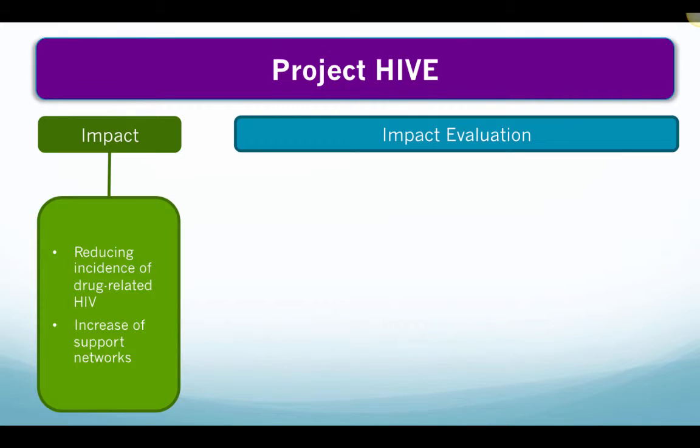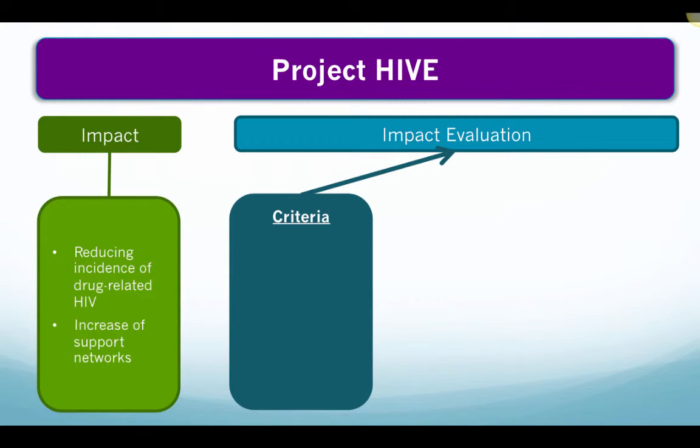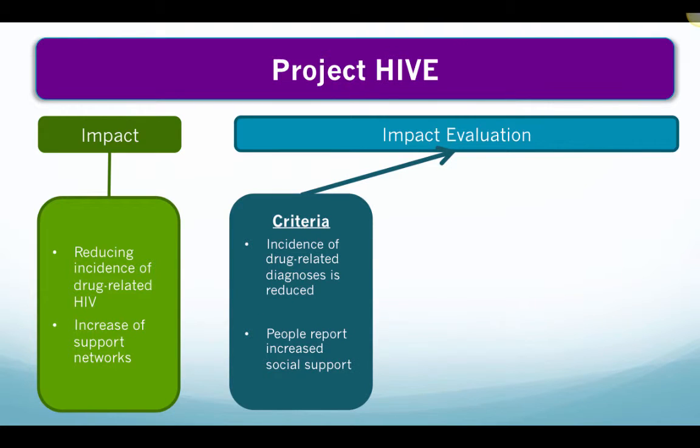The impact evaluation for Hive should be used to help identify changes regarding the condition in the community at large. So the criteria set for this evaluation are a reduction in the incidence of drug-related HIV positive diagnoses in the county, and increased social support over time for those who have accessed Project Hive for services.